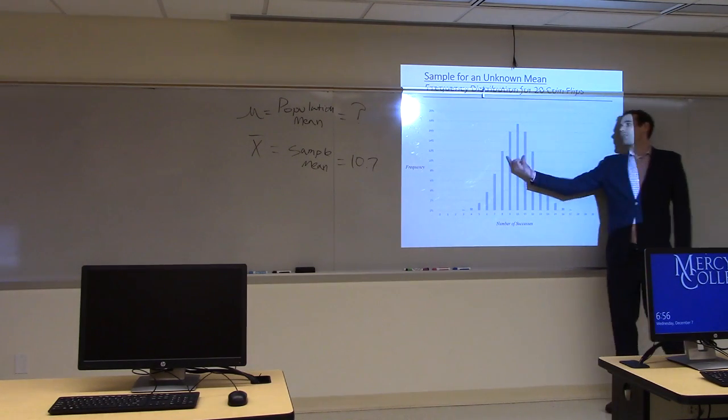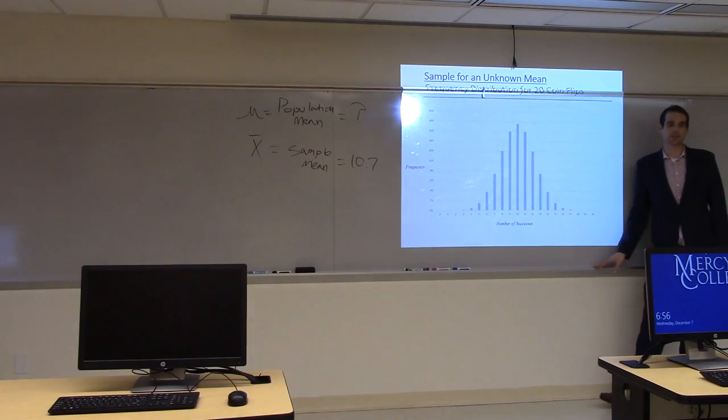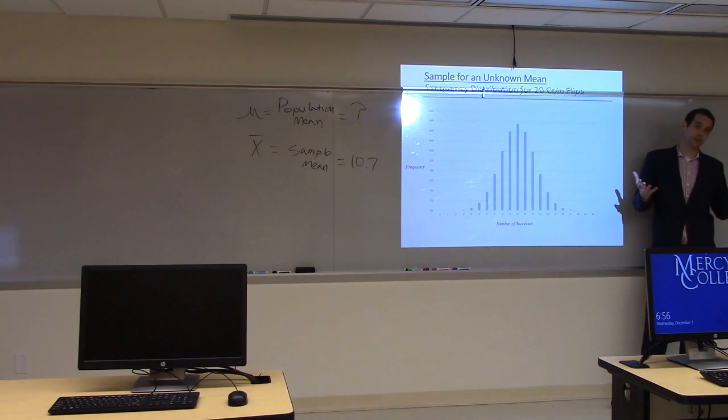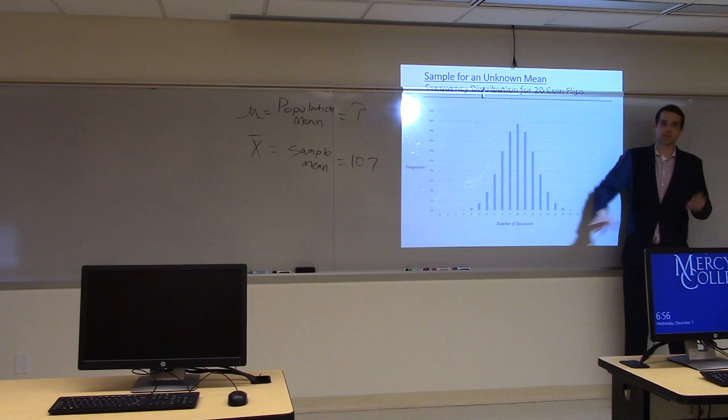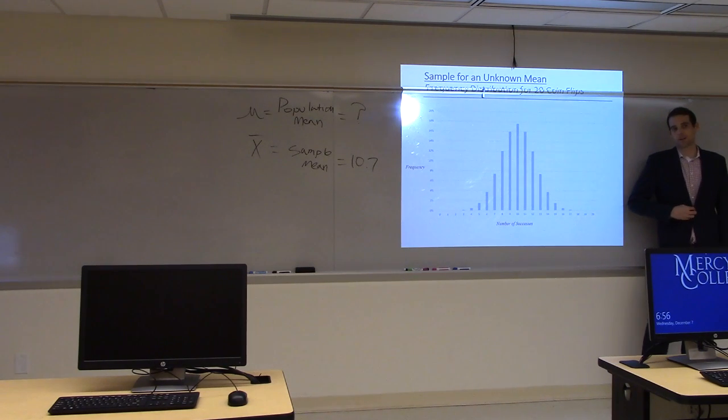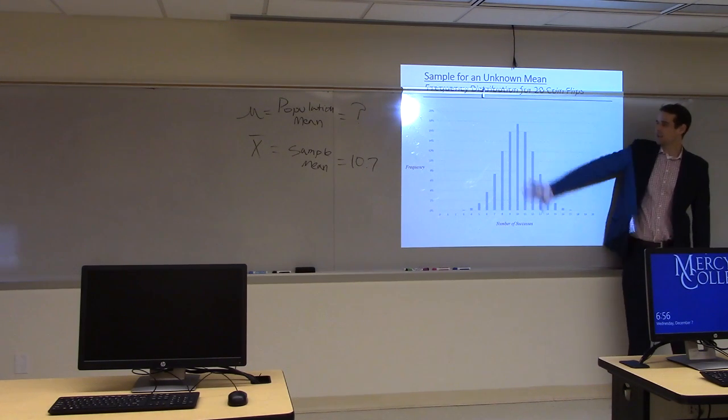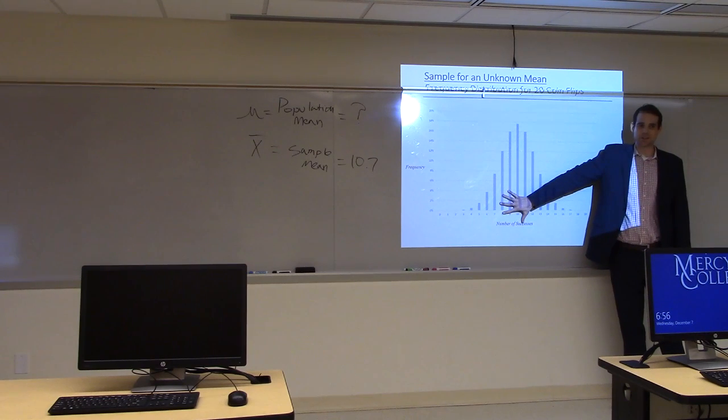And the chances of most people being in the center of this distribution are very high, because it's normally distributed. Does that make sense? It just has to be truly random. Yes. And in this case, we're looking at a normal distribution.